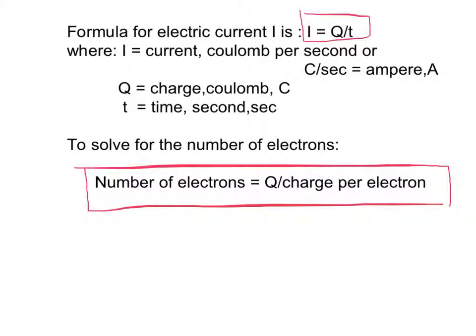We know that one electron has a charge of negative 1.6 times 10 to the negative 19 coulombs. So if you know the charge, you just divide it by 1.6 times 10 to the negative 19 coulombs per electron. You will cancel out the coulombs, and you will get the number of electrons.